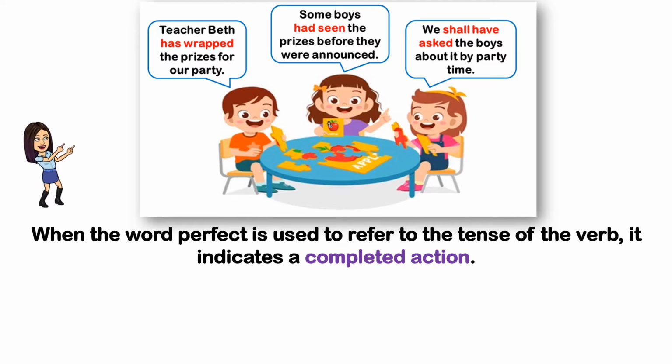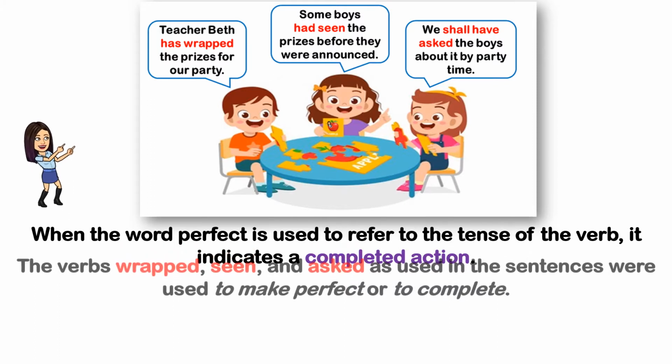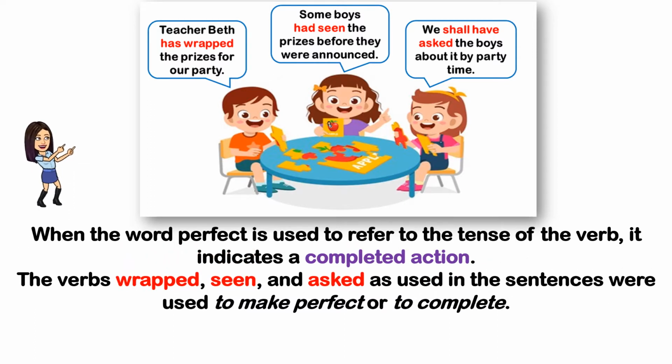When the word perfect is used to refer to the tense of the verb, it indicates a completed action. The verbs wrapped, seen, and asked, as used in the sentences, were used to make perfect, or to complete.